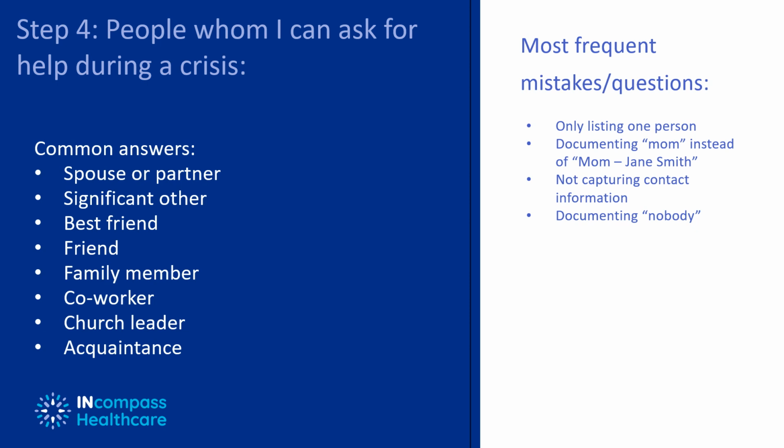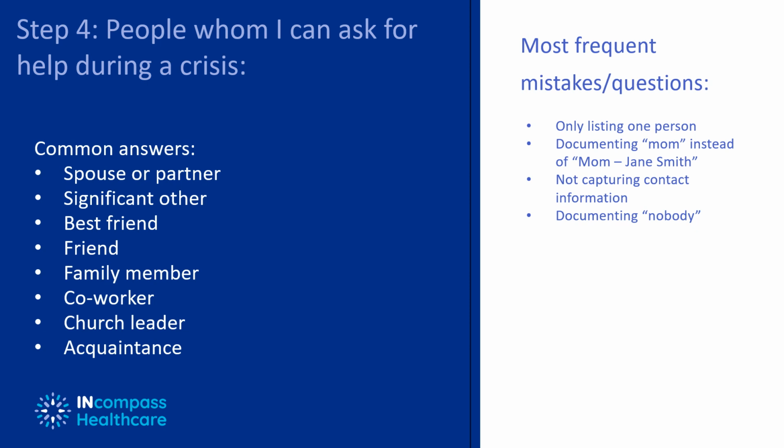Also, if we document mom instead of capturing her name, we would really want to know why we were unable to get the name. Is the client uncomfortable telling you their parent's name? But we really want to try to have that information. And then we really do need to get the contact information and put that on the document.